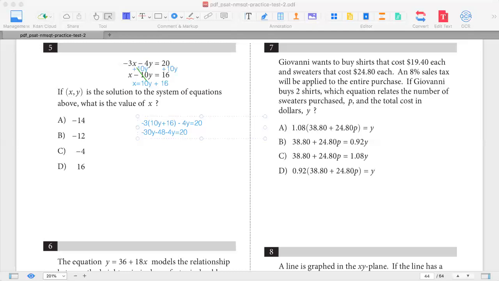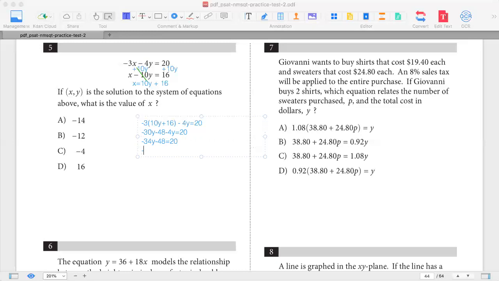Collect the like terms together. Negative 30y and negative 4y. So I have negative 34y minus 48 is equal to 20. Okay. Add 48 to both sides to cancel 48 on the left side.